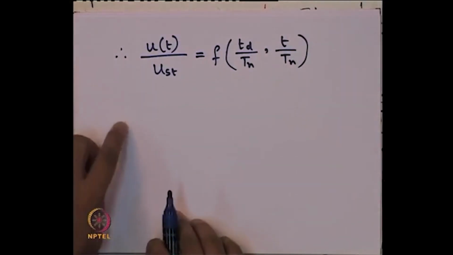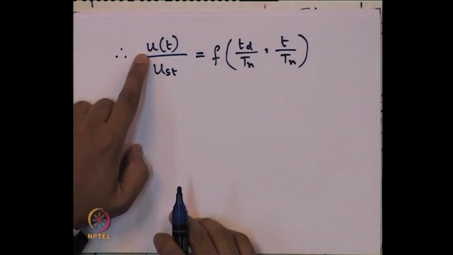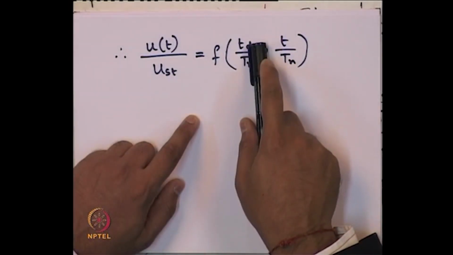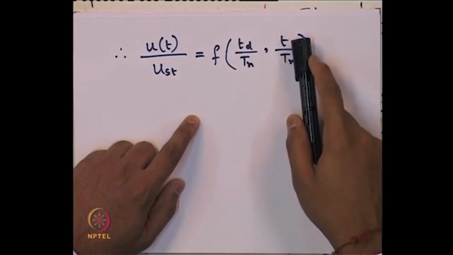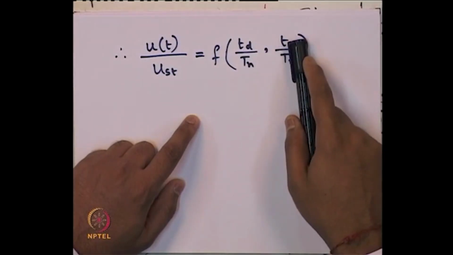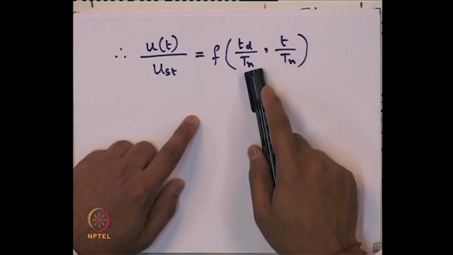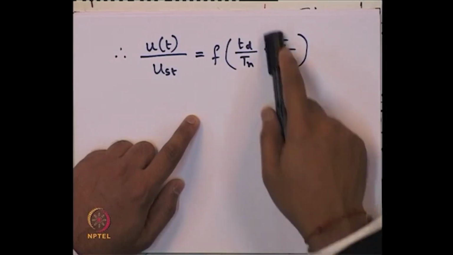So, that means any dynamic response or dynamic displacement is dependent not on the individual value of the duration up to which the earthquake or the dynamic load is acting, nor on the individual value of the total duration or the natural time period of the system, but on the ratio of these.